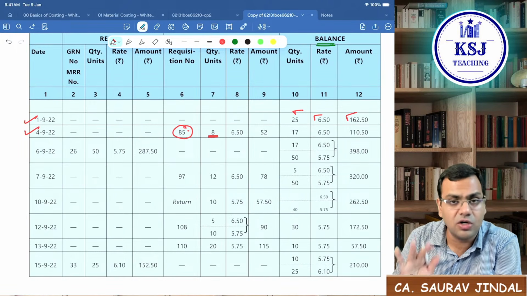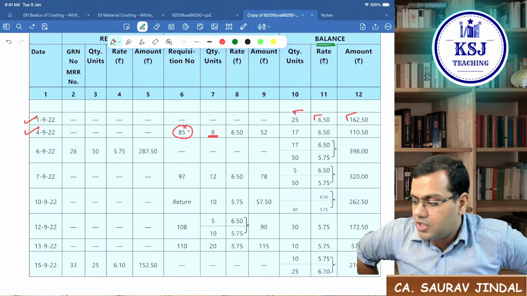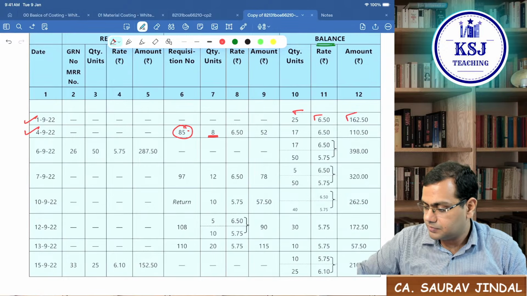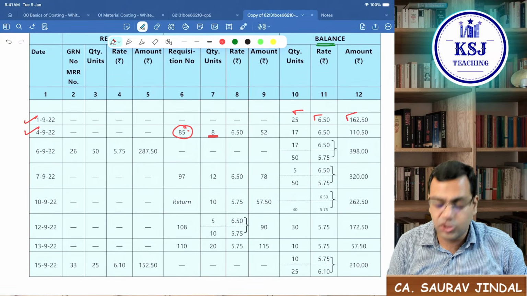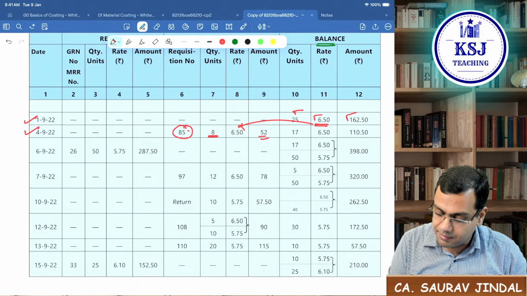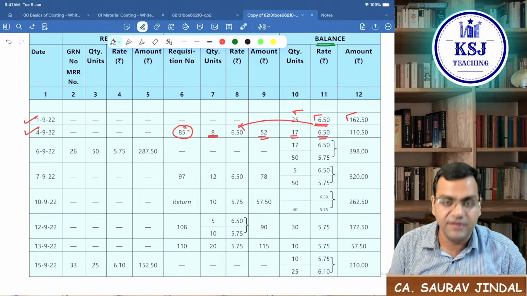This requisition number column is additional; you can skip it also, no issues. So 8 units you are issuing at 6.5, which is 52. Out of 25, 8 units issued, 17 is the balance at 6.5. Done with that.